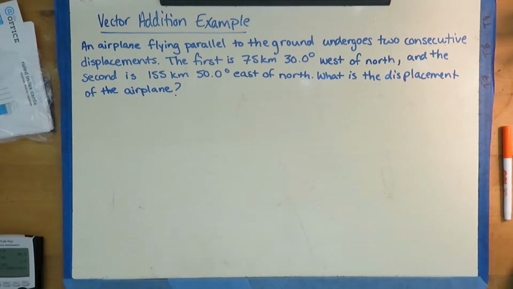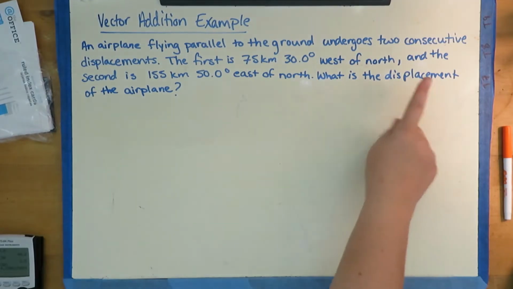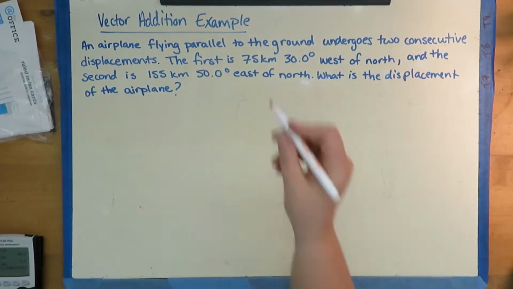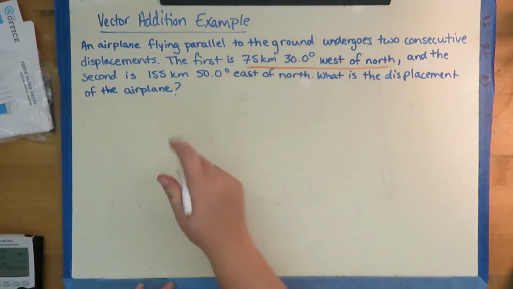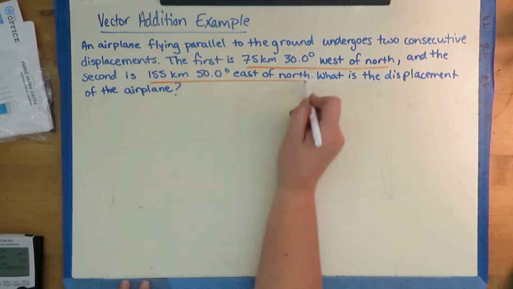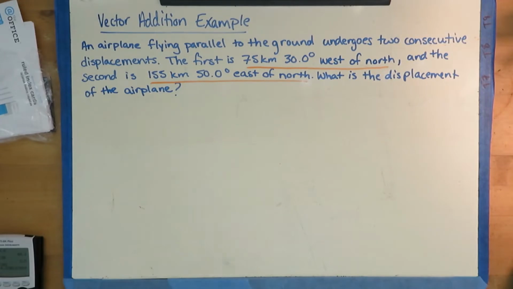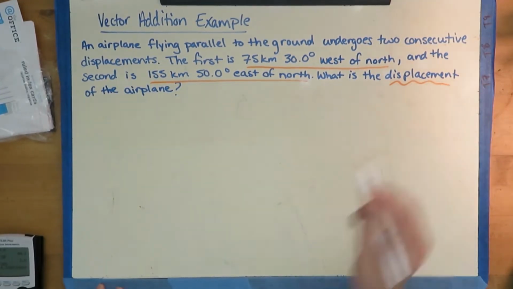So the first thing I want to do is figure out what's going on. When I read the problem, it says there's two consecutive displacements. So I have one displacement, and then after I've done that displacement, I go a second displacement here. And then I'm looking for the overall displacement for the plane.